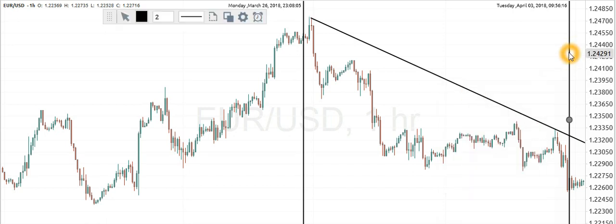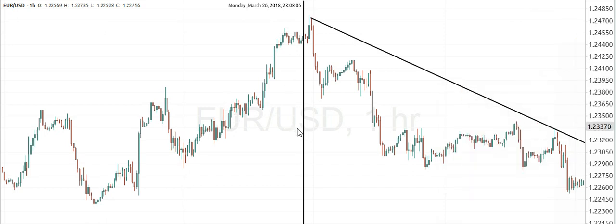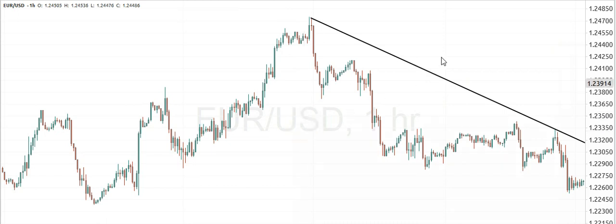Let me just remove these horizontal lines now, since we have identified the highest point and the lowest point. And then my next trend line will start from the first touch going down to the lowest point without crossing any candle.